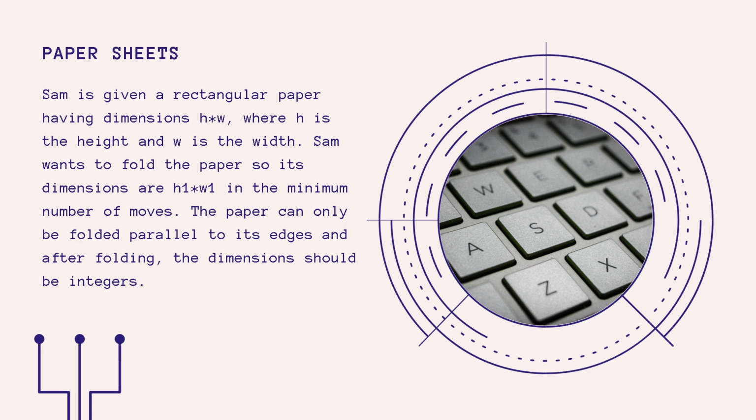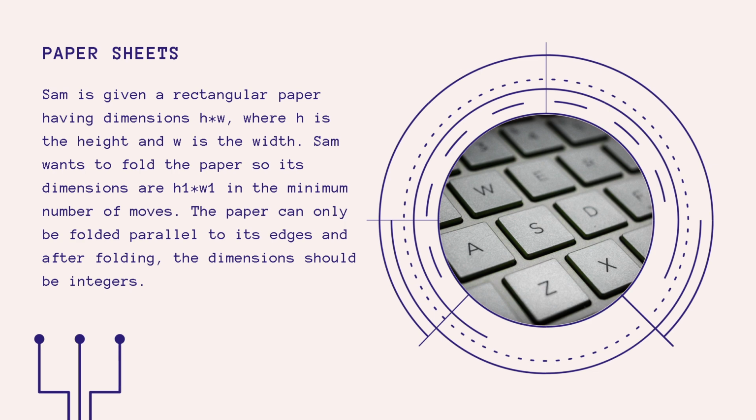Sam is given a rectangular paper having dimensions h cross w, where h is the height and w is the width. Sam wants to fold the paper of dimension h into w so its dimensions become h1 into w1 in the minimum number of moves. The paper can only be folded parallel to its edges, and after folding the dimensions should be integers.